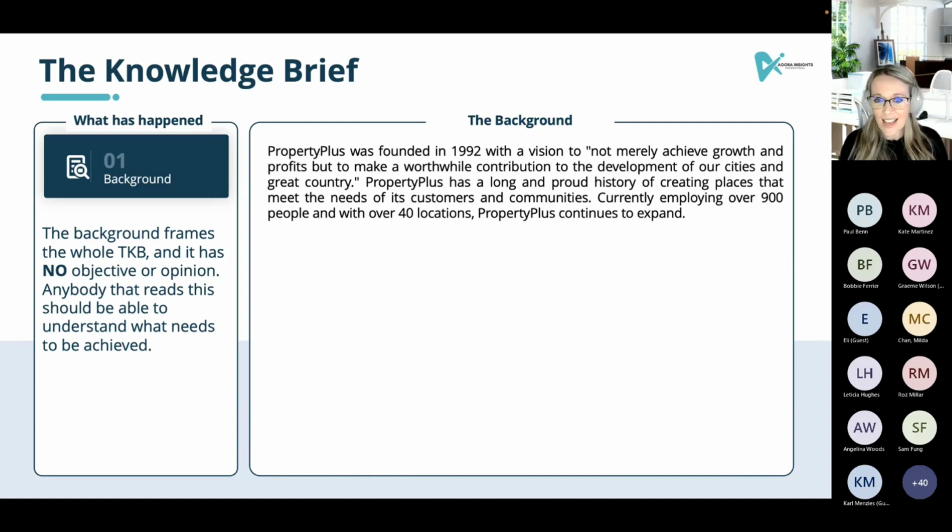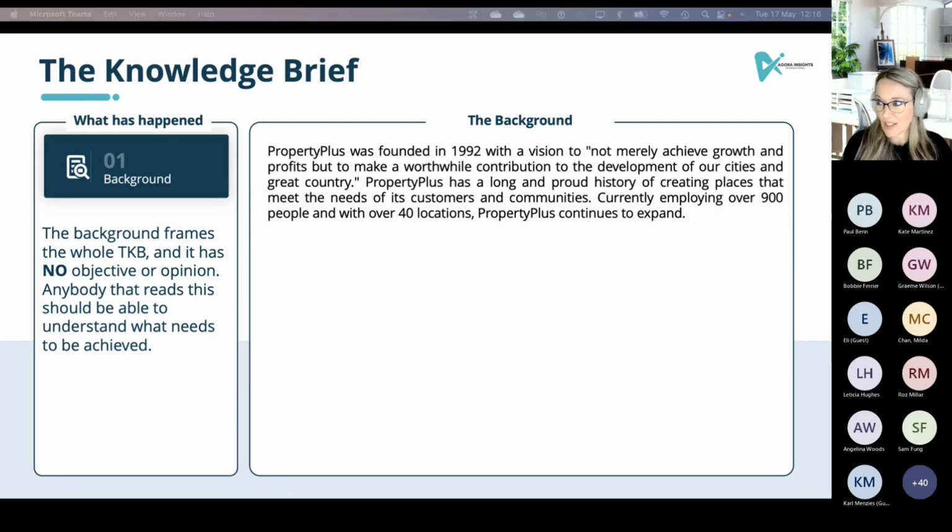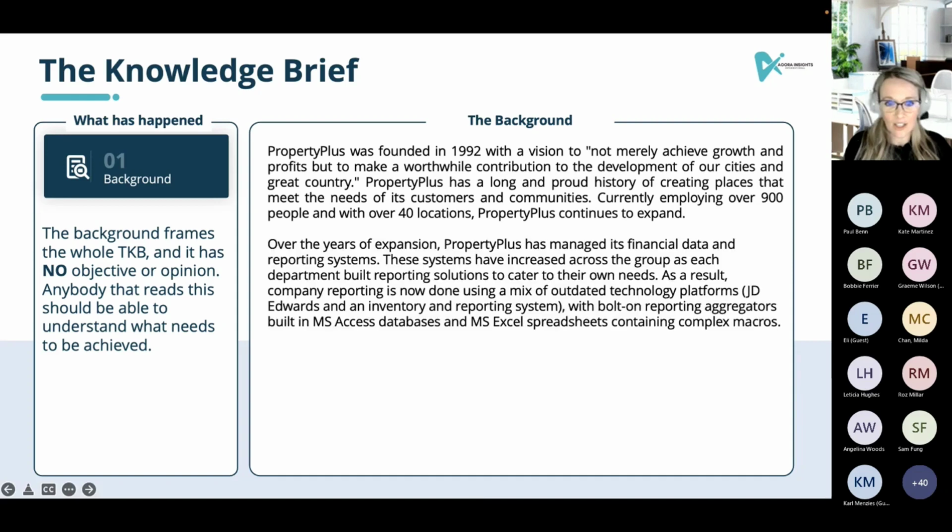Property Plus has a long and proud history of creating places that meet the needs of customers and communities. Currently they're employing over 900 people in 40 locations, and they continue to expand. So even though they originated in New Zealand, they have now gone beyond the boundaries of New Zealand.